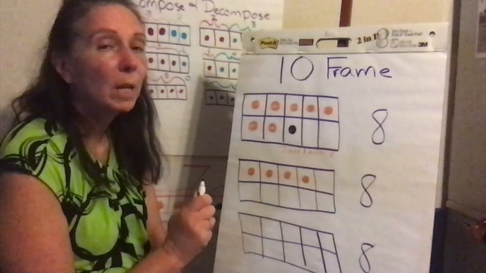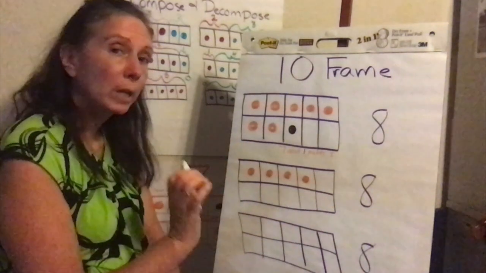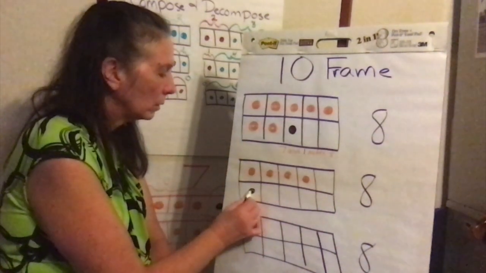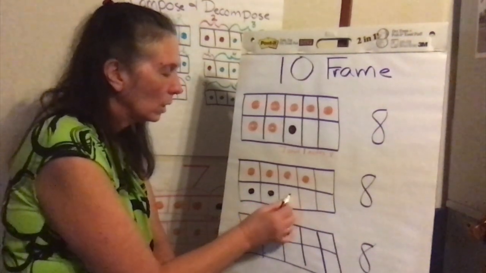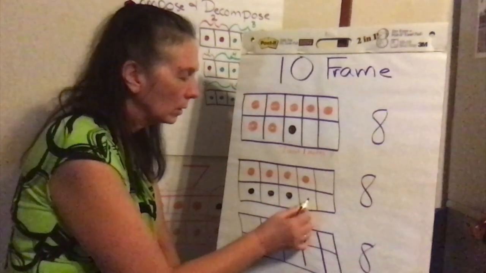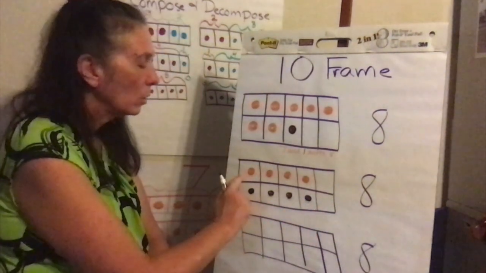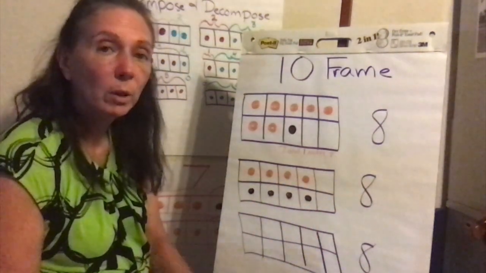What I could do to make it easy to subitize, I'm not making a pattern, I'm just organizing the way it looks. I could then do 1, 2, 3, 4. So I have 4 orange and 4 brown, and that does make the number 8.